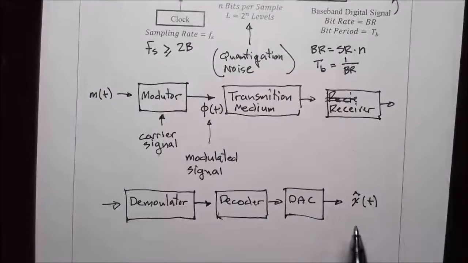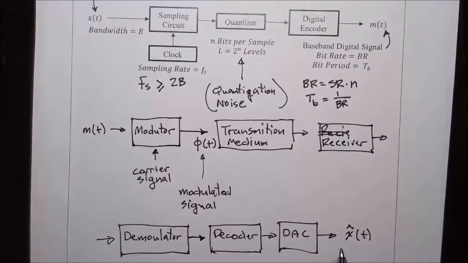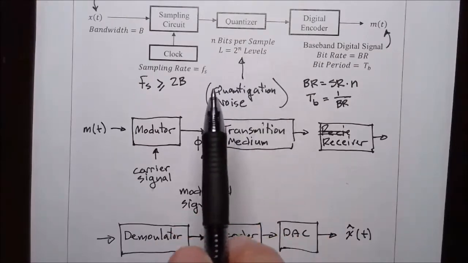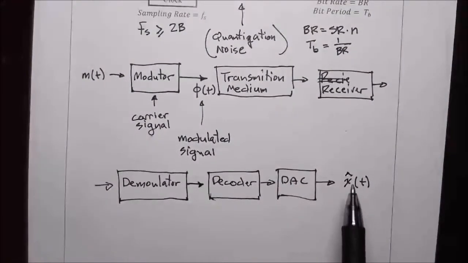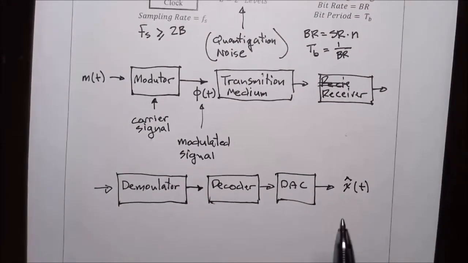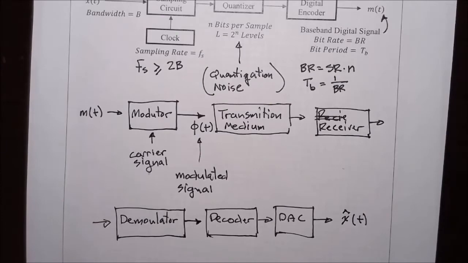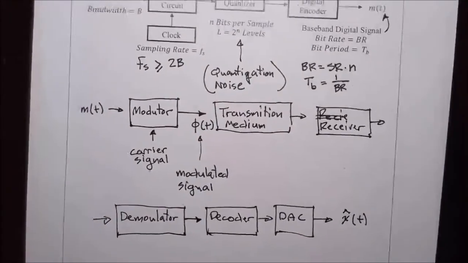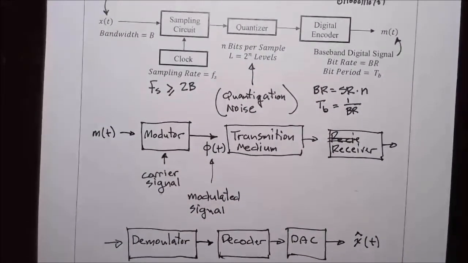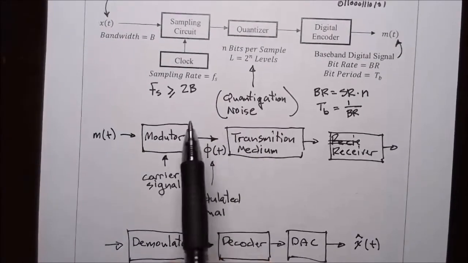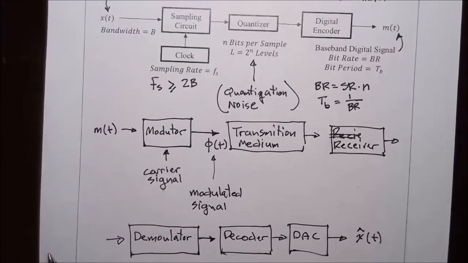It's never going to be exactly the original message signal because of the quantization noise, which is still going to turn up as noise in this reconstructed signal. Okay, I can't think of any other factor that would make it not exact, presuming that it's been sampled properly.